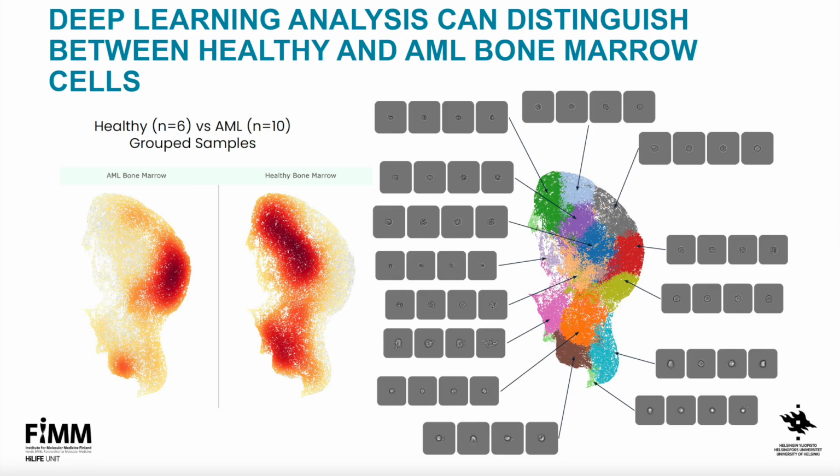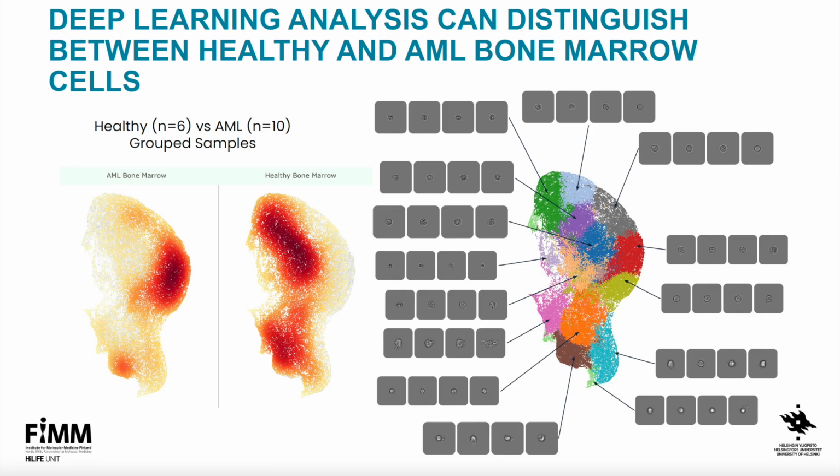When we think of AML samples, we know that usually for newly diagnosed AML, the blast count, so the tumor cell content, is often about 80% at diagnosis. So you're getting about 80% of cells that look very much alike. And this is very apparent in this type of analysis on the REM-I instrument.